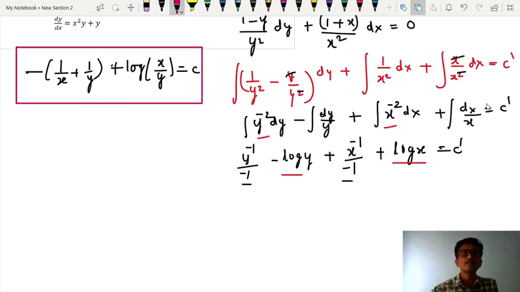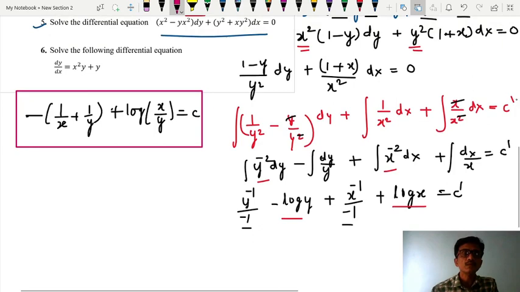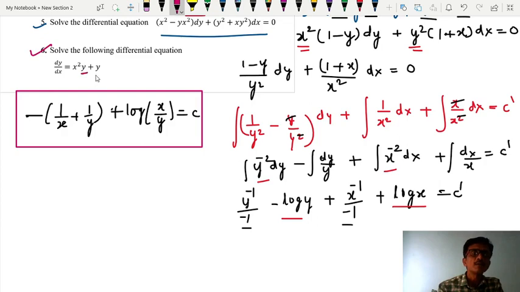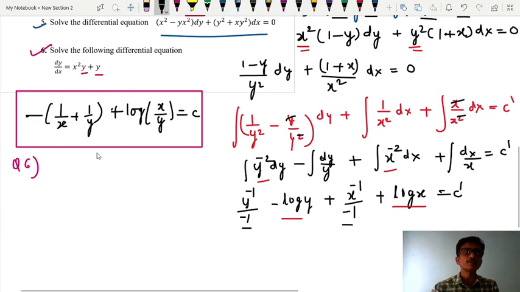Yes. Next is the sixth question, we will do it now. So let's attempt the sixth question. Here you can take y common from this. So question number 6. What is this question? You have to solve the differential equation.